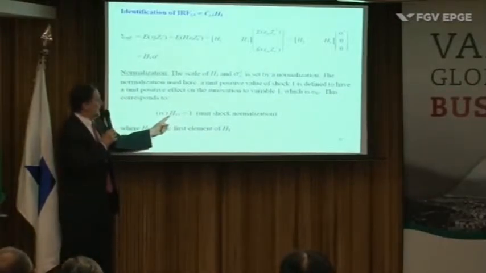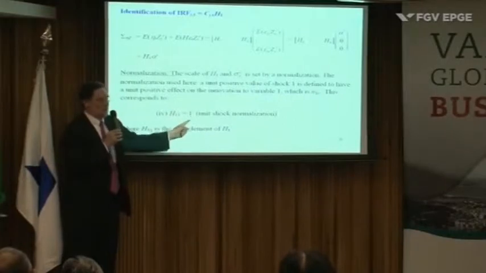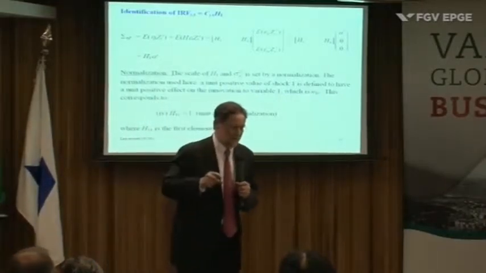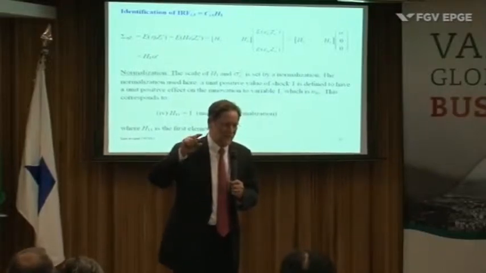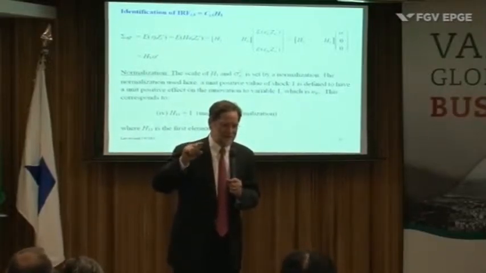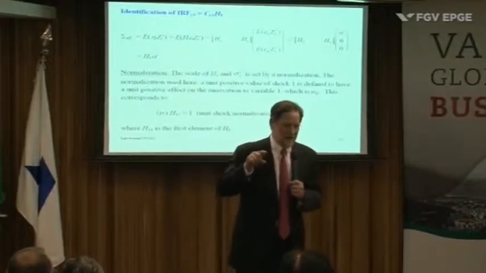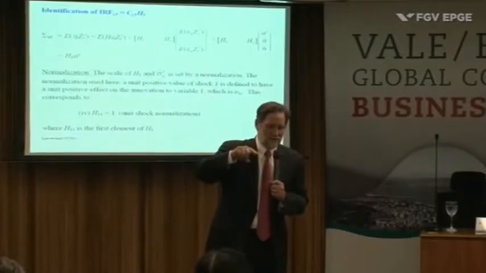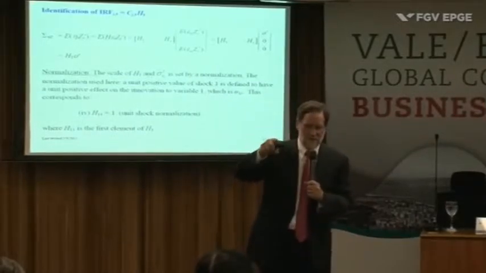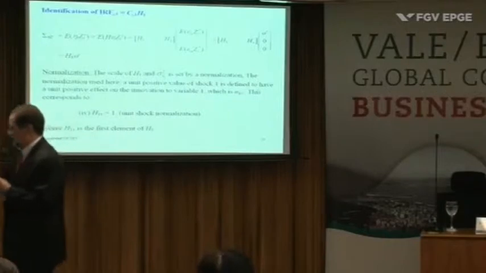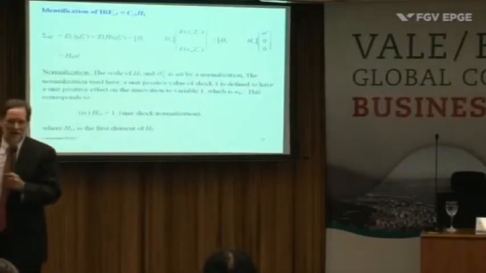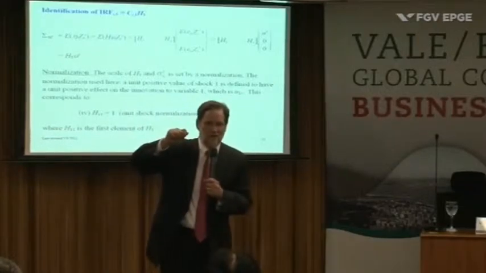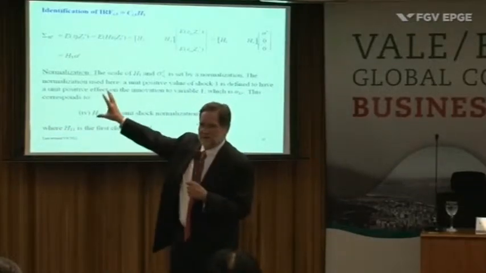What we're going to do is set H11 equal to 1. So what does that mean? That means I'm going to think about the size of this shock in terms of its impulse to the first variable. So think about Chris's numbers when he had them up on the board today. He had his monetary policy shock, and he put up all these impulse responses.